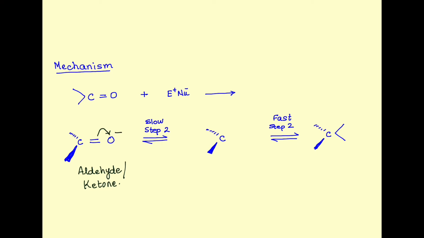With the result, my carbon will be left with a positive charge. Now oxygen is happy to keep the electrons to itself for now. So carbon is hungry. It is hungry for electrons. So what does it do? It goes, or not exactly goes, it attracts the nucleophile towards itself.